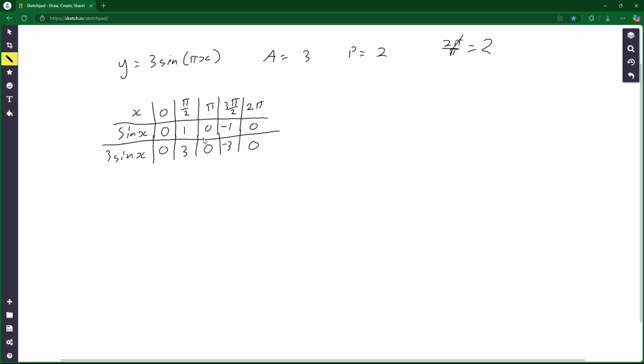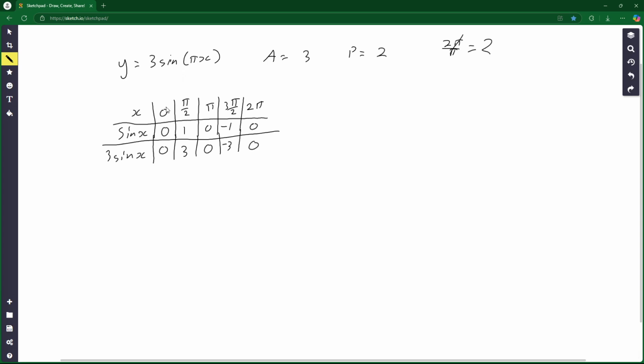However, now we need to convert all this into this measure here. We're just going to divide it by pi, since we have this pi up here.